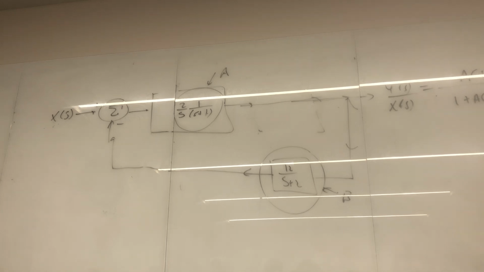That's the gain A of s. It's divided by 1 plus A of s, which is 2 over s times 1 over s plus 1, times beta of s, which is 12 over s plus 2.